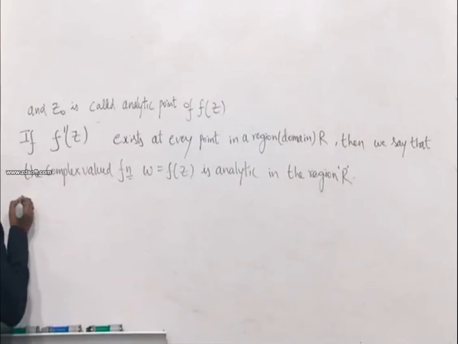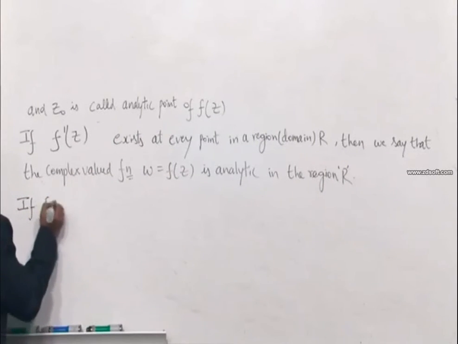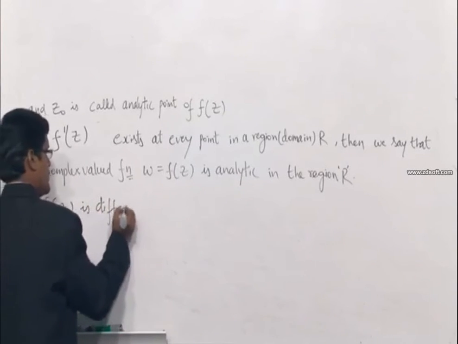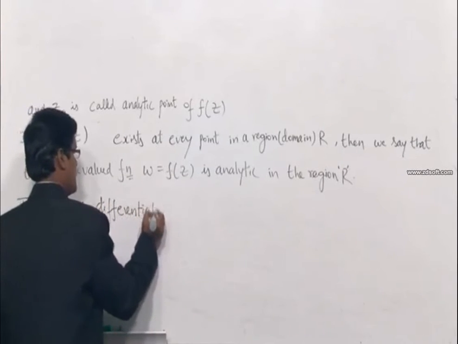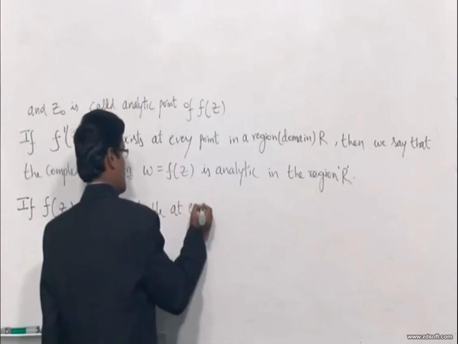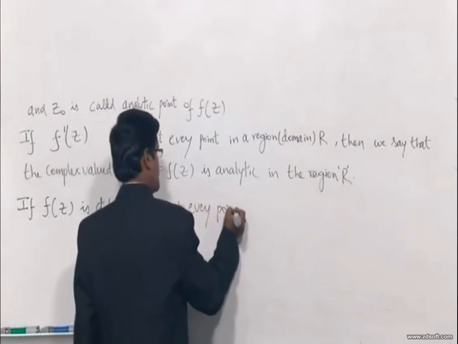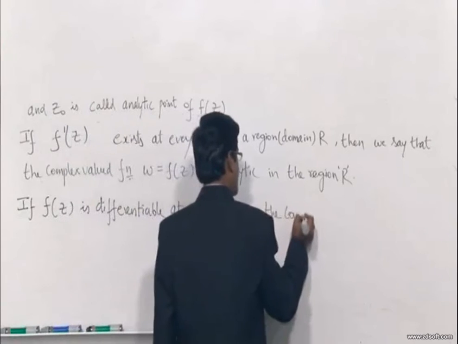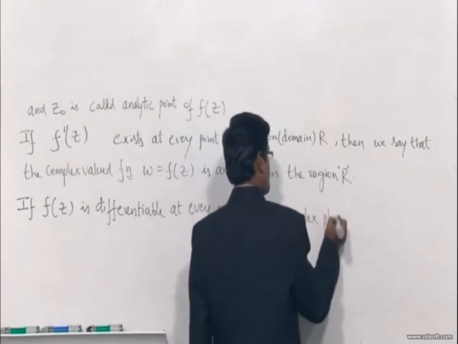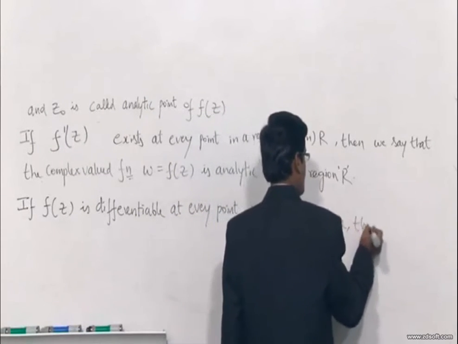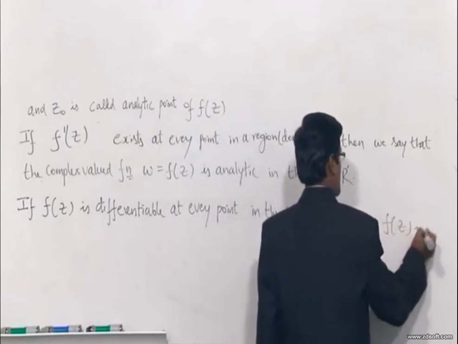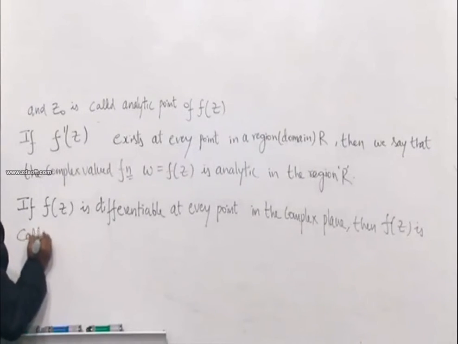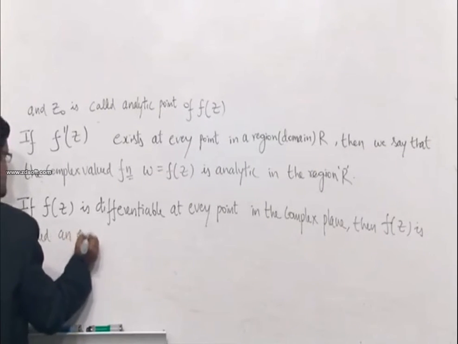Next definition is, if f of z is differentiable at every point in the complex plane, that is, the entire complex plane, then f of z is called an entire function.